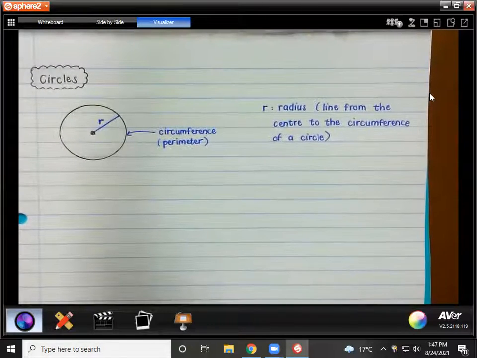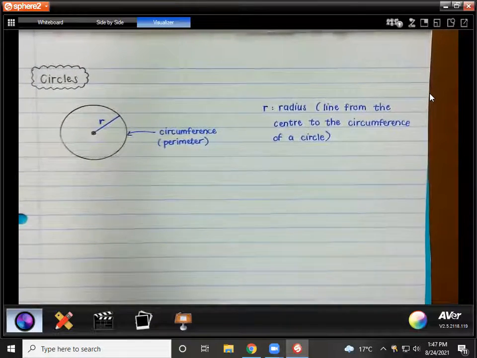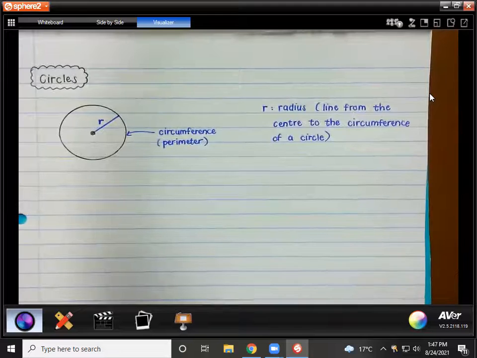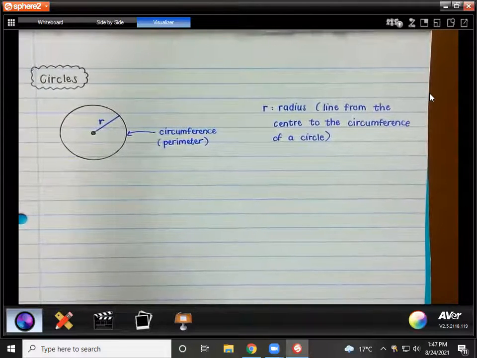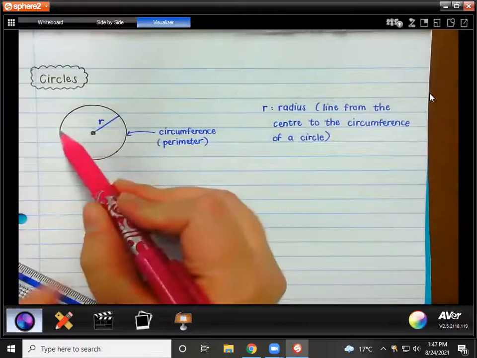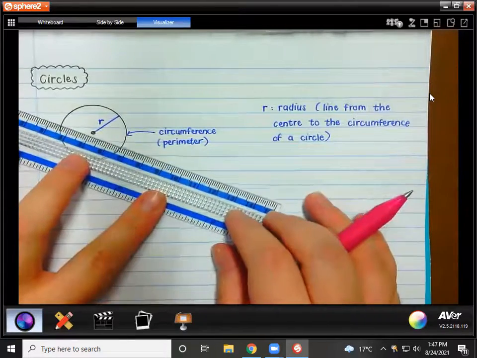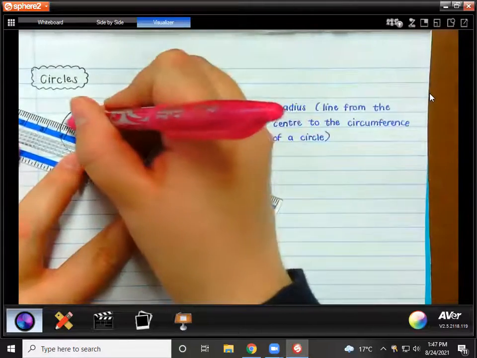Then I want us to take a different color if you have. Now we're going to draw in a diameter of the circle. I'm sure some of you know what that means. You're going to draw a line that goes from one point on the circumference to another point on the circumference, but it has to go through the center.